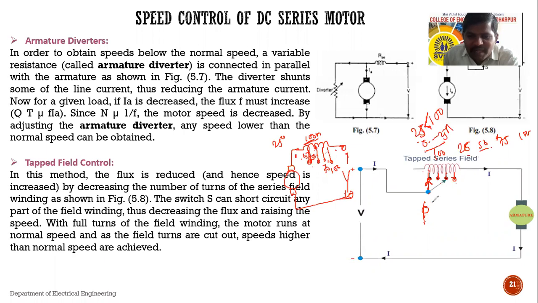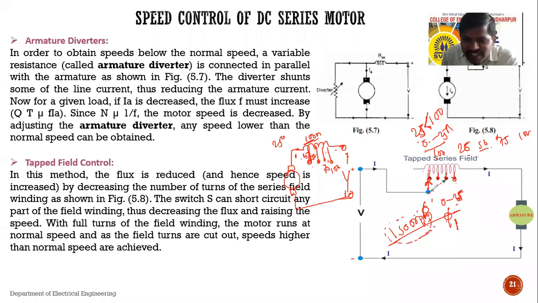That means at the minimum value of flux, 0 to 25 number of turns, the flux is nothing but phi1, and at that phi1 value of flux, suppose we are obtaining a speed of 1500 revolutions per minute, right? I am connecting to 1500 revolutions per minute. If we are connecting 0 to 25, we are getting a speed of 1500 revolutions per minute.